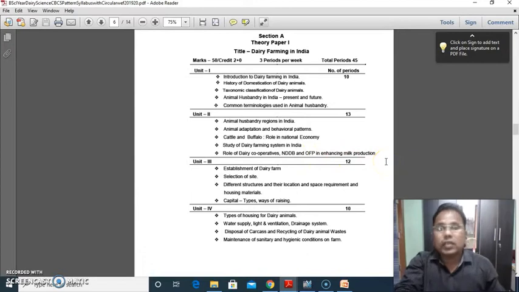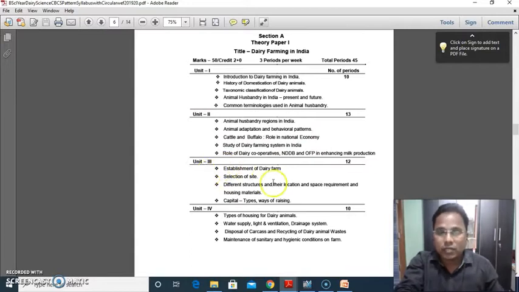As you know, India is the largest milk producer country in the world, and this place is achieved due to the dairy cooperatives, the NDDB, and the Operation Flood programs conducted in India. So this is the content we will study in unit number 2.